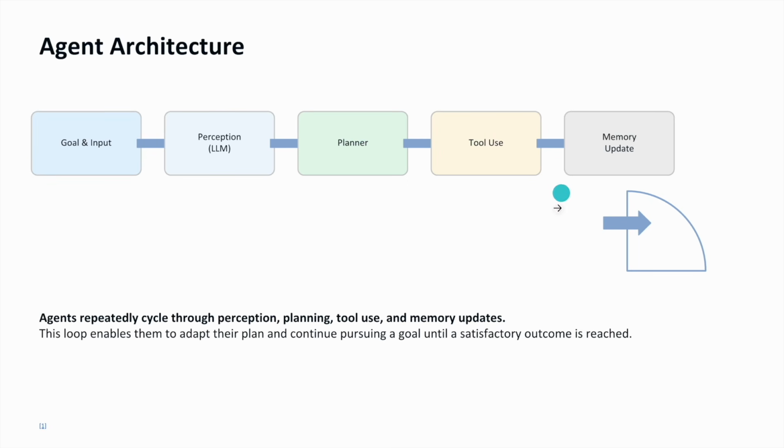Then accordingly, it will use specific tools. For example, you have created an agent to book cheap flights, right? The first thing the agent will do is perceive your input. It will take the dates when you need the flight, the source and the destination, right? It will take all of these details, and it will plan the steps.